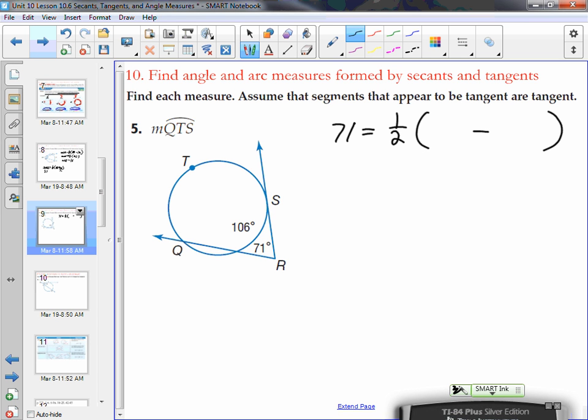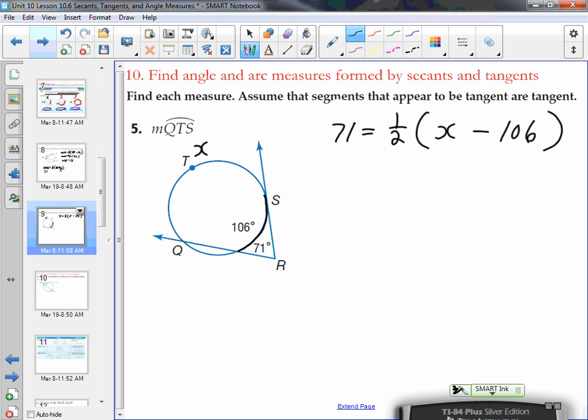Now, I don't know the measure of the big arc QTS, do I? So that'll be my X. And I do know the measure of the smaller intercepted arc. It's 106. All right, does that equation make sense to you?